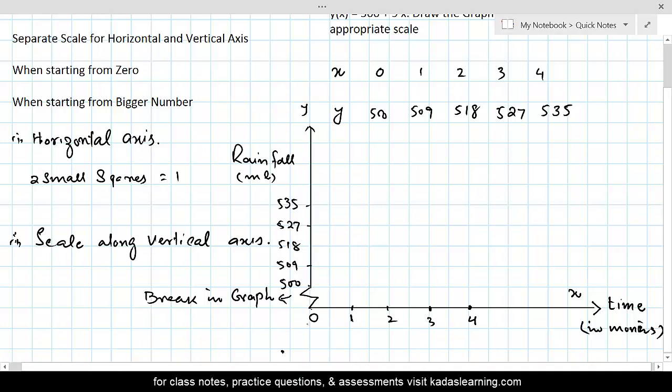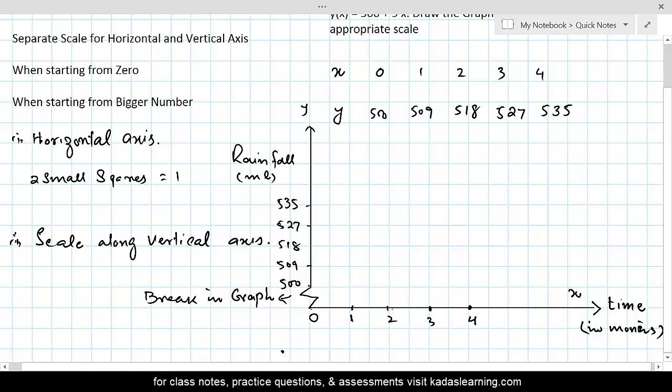Now you can see that the problem of starting with a bigger value is resolved. The graph still started from the number 0, but because of this break in graph, we accommodated the big gap with this symbol that tells the user that this place is for plotting all those values for which we don't have any point on the horizontal axis.